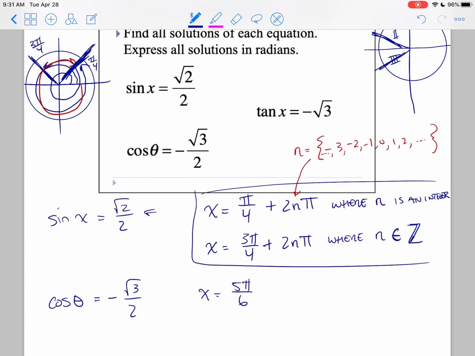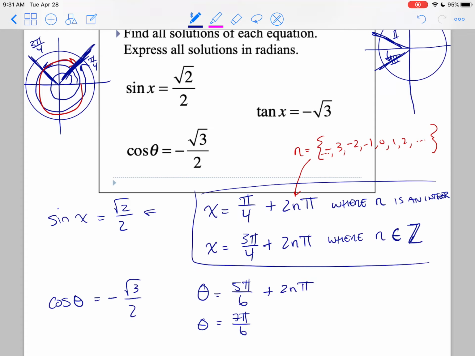Theta equals 5 pi over 6. And then there's also theta is going to be pi over 6 past pi, which is 7 pi over 6. Now that gives me my first two answers, and then I can go around this unit circle as many times as I want, and as long as I land pi over 6 short of pi and pi over 6 past pi, I'm going to get another solution.